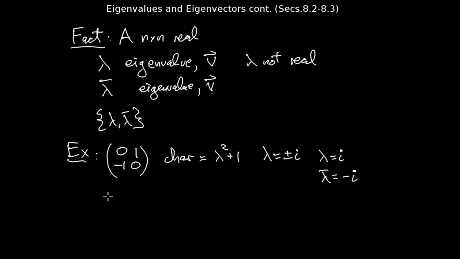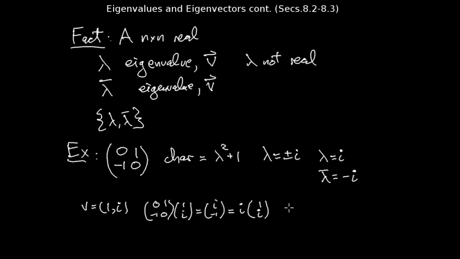And we've already seen that if V is (1, i), then the matrix [0, 1; -1, 0] times this vector is (i, -1), which is to say i times (1, i). So if lambda is equal to i, the corresponding eigenvector is (1, i).